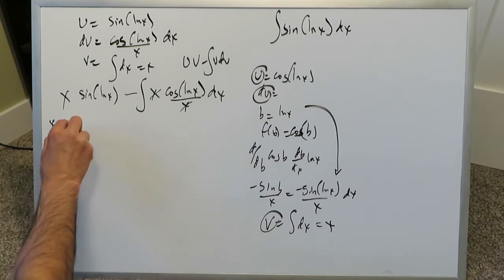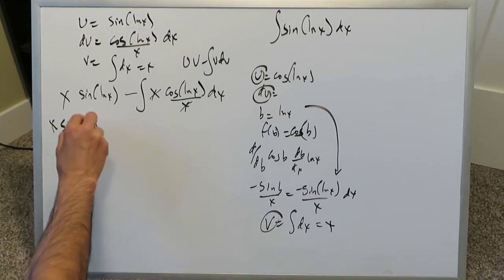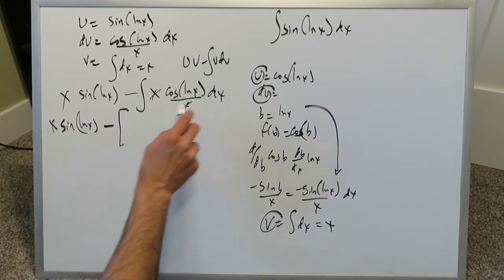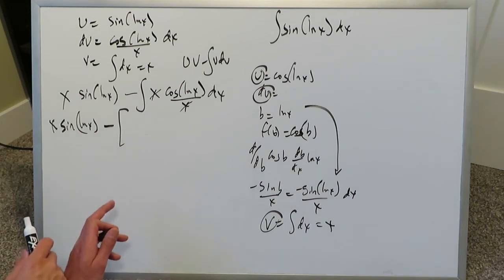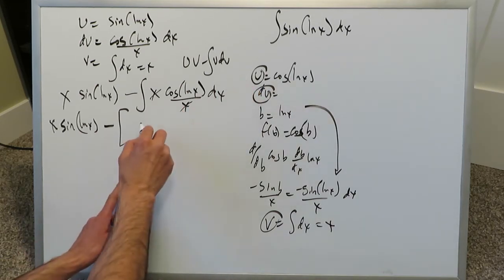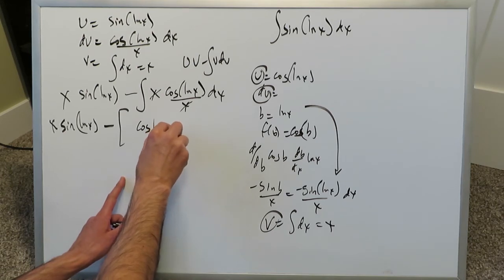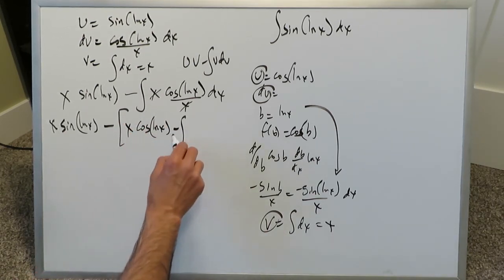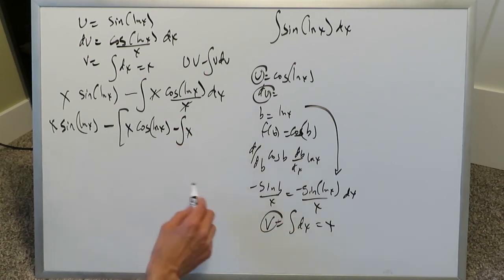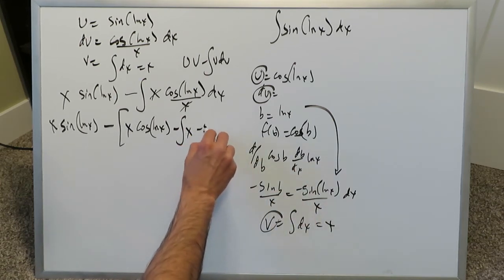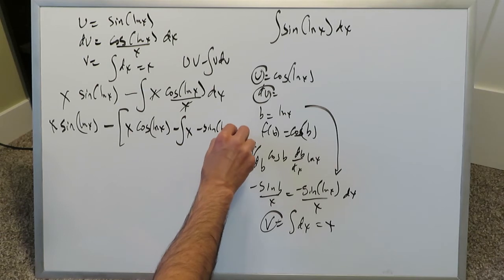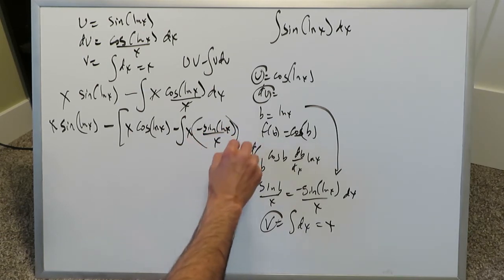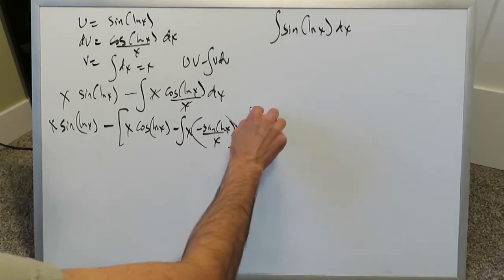So x sine ln x minus, from here we do the next round, uv minus integral v du. U is cosine ln x, v is x, I'm just putting that at the very beginning, minus integral v du. Du is this right here, minus sine ln x over x dx, and close the parentheses.